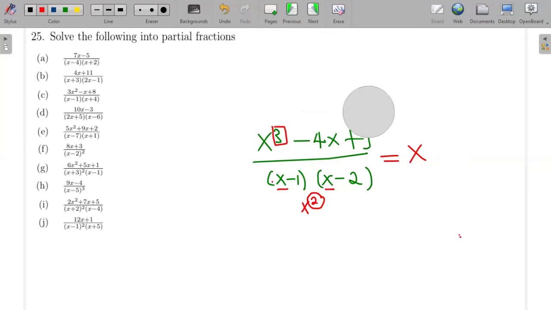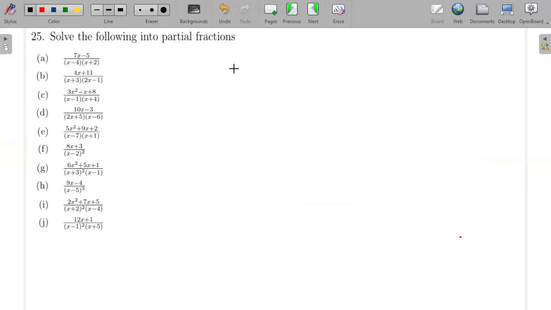Specifically, this is what will happen. If I have f of x and I'm dividing by g of x, and let's say the highest power in the denominator is 2 and the highest power in the numerator is 3, here we can't apply the decomposition directly.